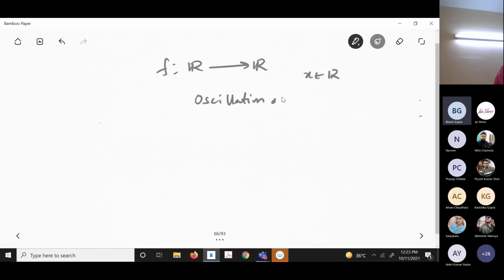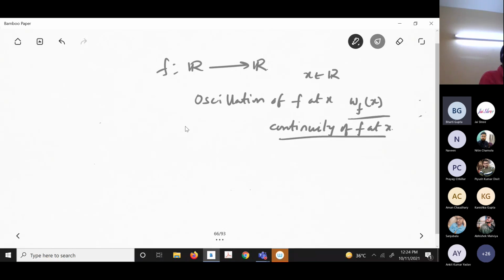Oscillation of f at x, the notation is basically omega, omega f at x. Why do we want to consider oscillation? Because oscillation is directly related to continuity of f at x. This can be defined in general between any two topological spaces.